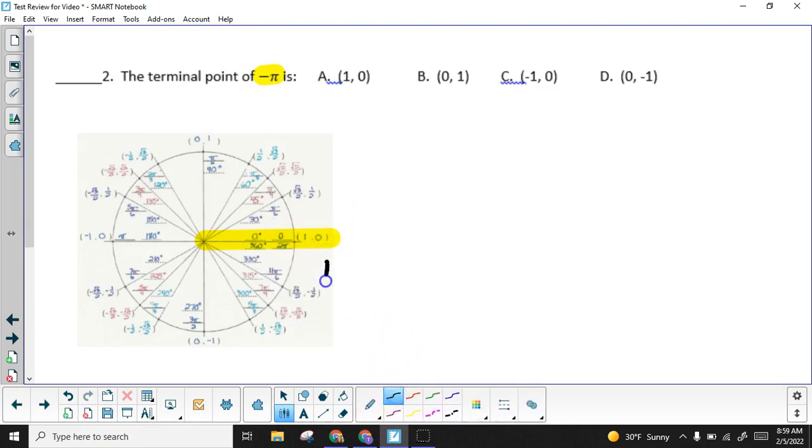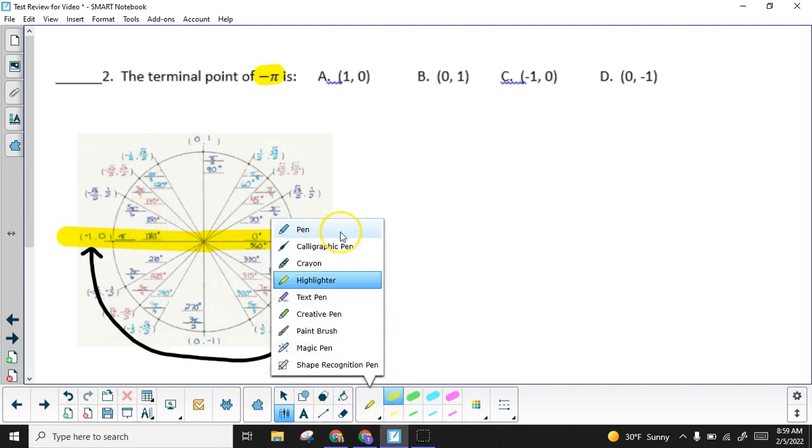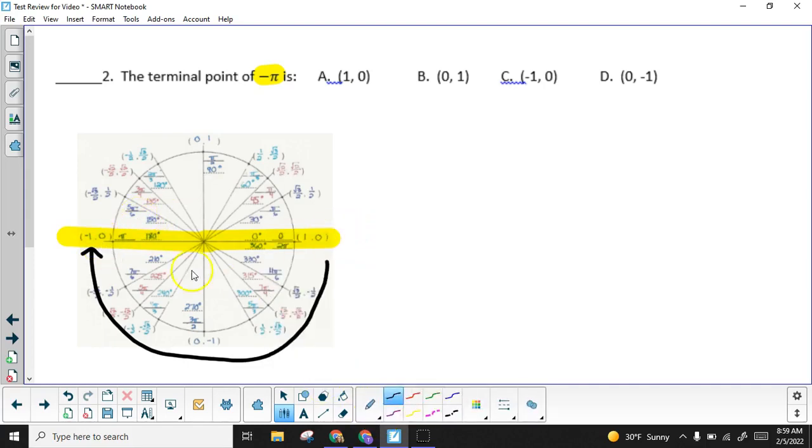So we're going to go around this way, and we end up here at pi, which does have the same terminal point as pi itself. So pi and negative pi are coterminal with each other. Our coordinates here are negative 1, 0. So choice C is our answer.